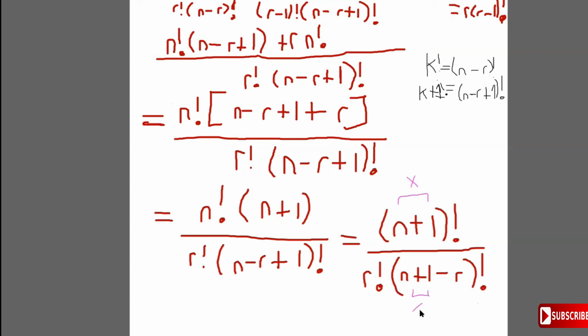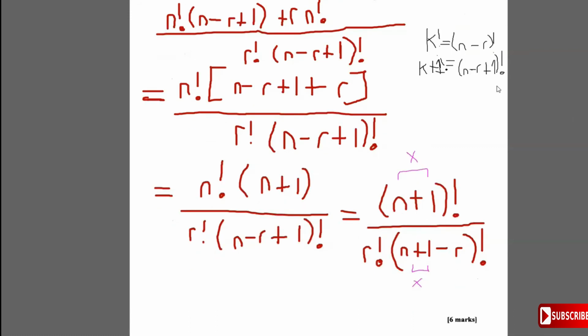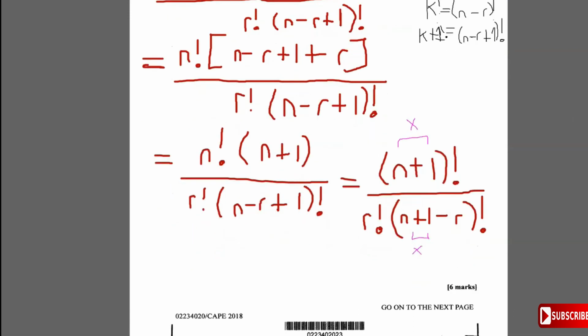Then this is just x choose r. But what is x? n plus 1. So this is just n plus 1 choose r. So finally we prove it, that thing up there is equal to n plus 1 choose r.